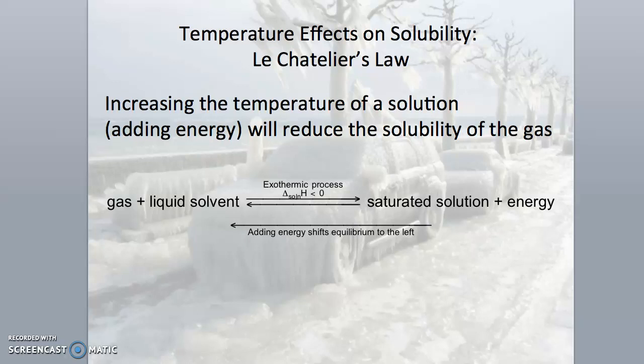So in essence, what we're doing in this case is reducing the solubility of the gas. It's definitely worthwhile looking at this Le Chatelier principle and understanding how changes in the energy can shift our equilibrium, because Le Chatelier and equilibrium are going to come back in further chapters.